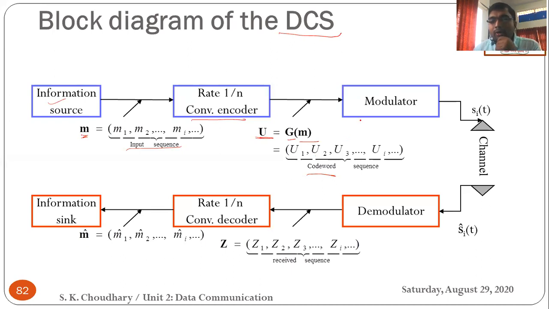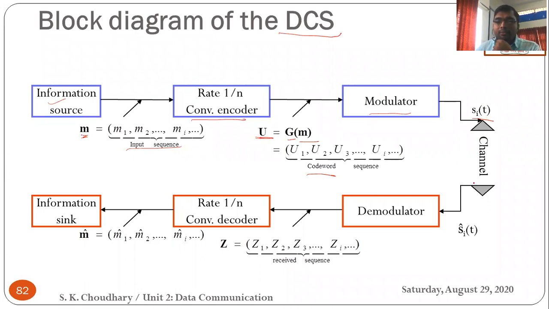Then these code words are available to the modulator, and this modulator converts this binary sequence or data into a signal, an electrical signal or electromagnetic signal, that is transmitted through the channel. This signal is represented by s(t), the input signal.